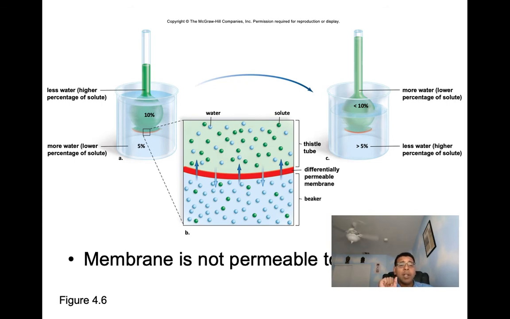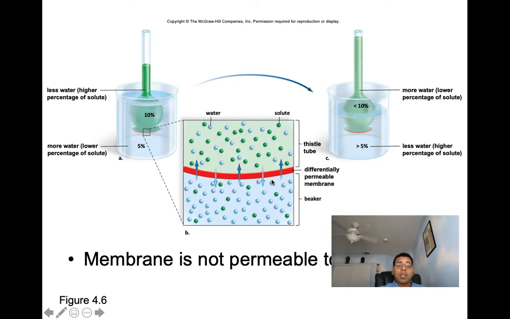So a net movement of water takes place across the membrane, and it moves from the beaker to the inside of the tube. The solutes do not diffuse out of the tube.